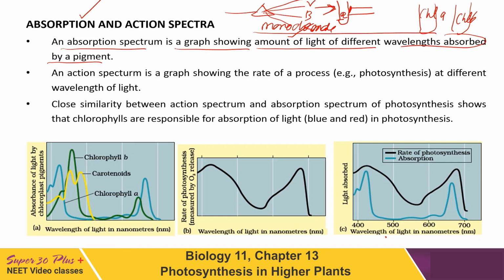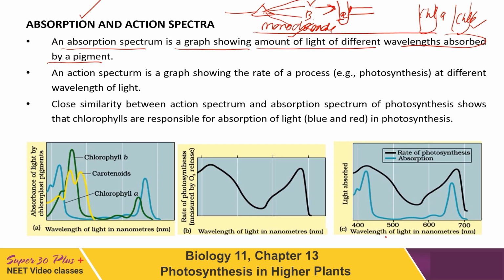Did you get my point? So here we will have the data, how much violet has been absorbed by chlorophyll A, how much blue, what is the percentage absorption, and in that way the same thing will be repeated for chlorophyll B. Now you can come here and see this diagram.